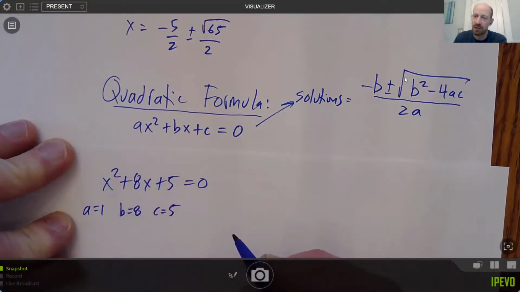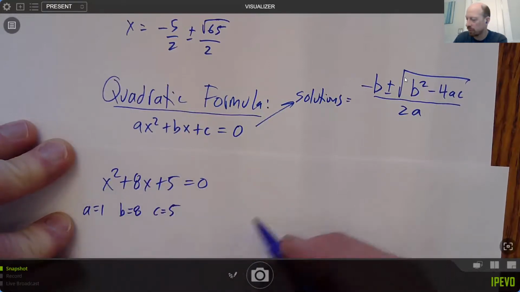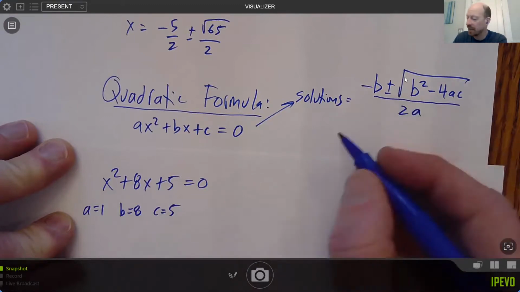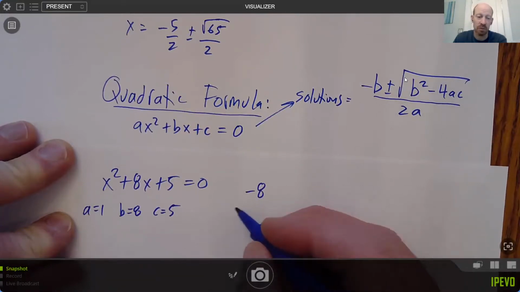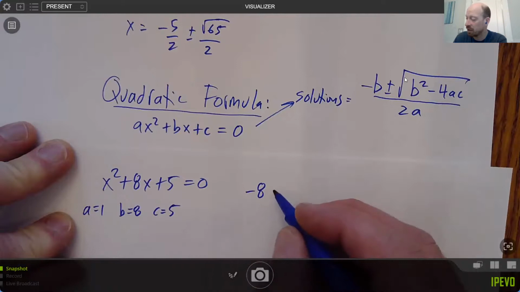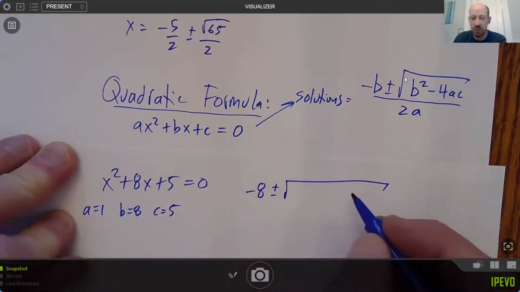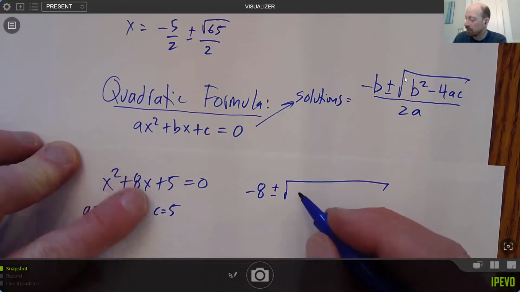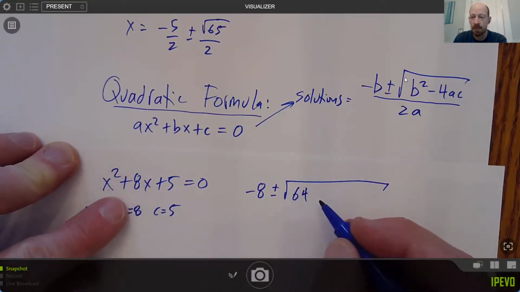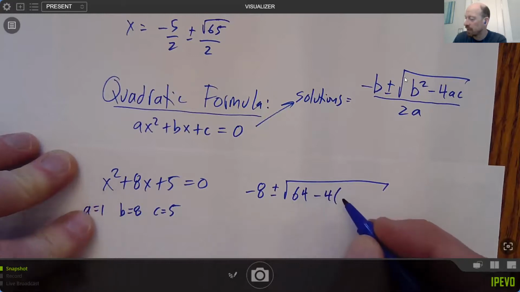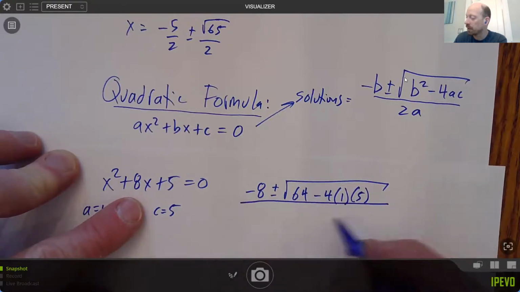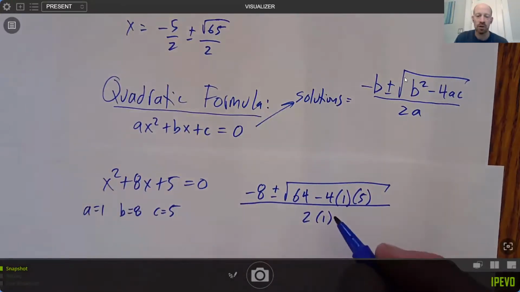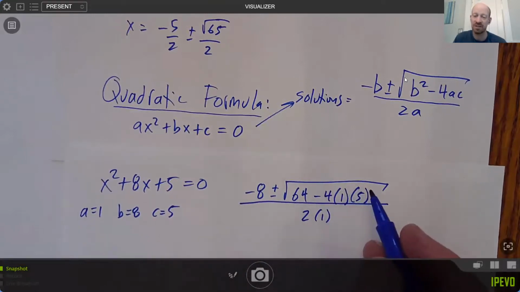Always be careful with your positives and negatives, just like always. So the solution says I take negative B, right? If B was a negative, this would be positive. Since B was positive, this is negative. Negative B plus or minus the square root of B squared, 8 times 8, 64, minus 4 times A times C, all divided by 2 times A. Notice if A is 1, I don't actually even need to put that in there because it's getting multiplied each time.